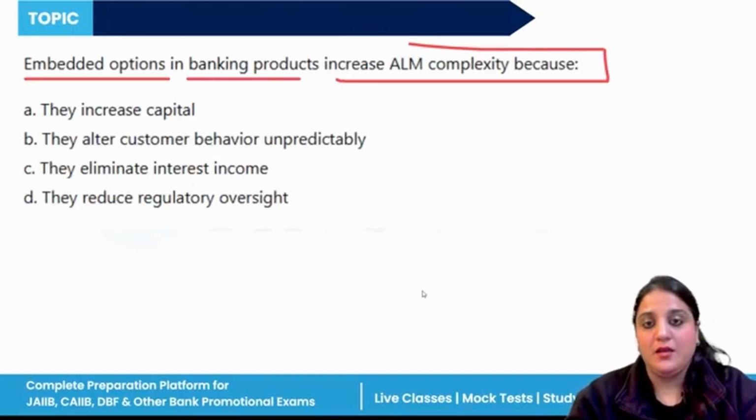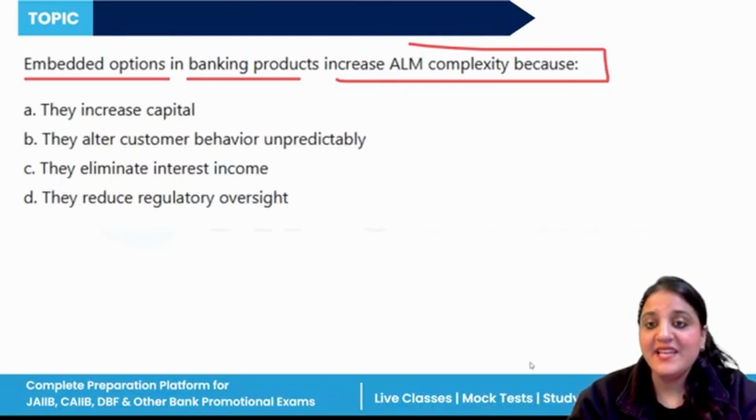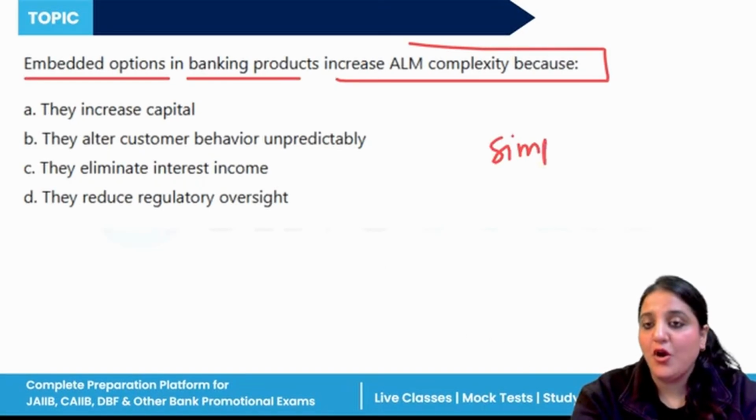See, you can think ALM is critical because banking is now not simple or predictable, right?